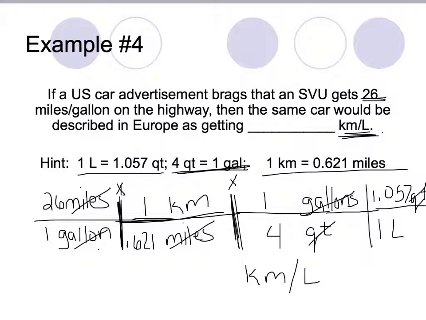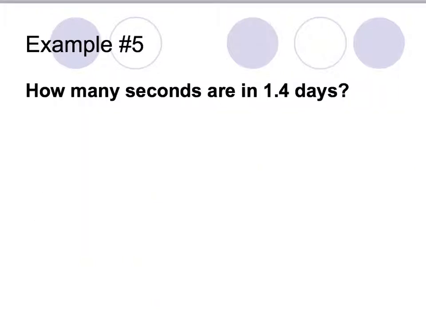But now divide by 4. Done that. And then here's the multiplying line, times 1.057. Hit equal, and I get 11.06 kilometers per liter. Woo woo! Good stuff. All right, we got one more example. Here we go. All right, next one.